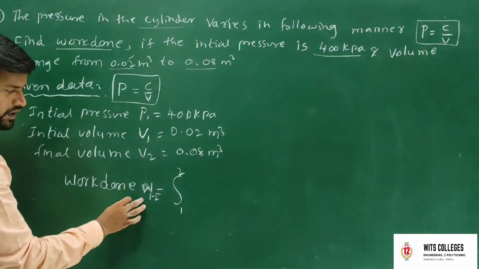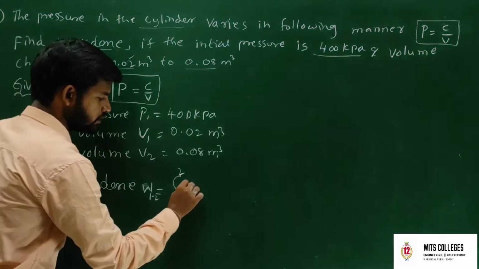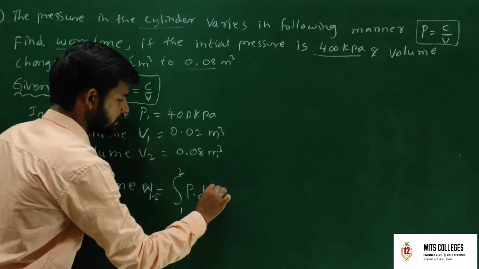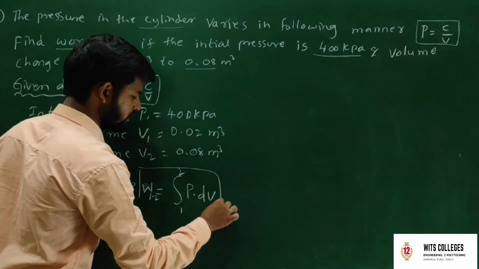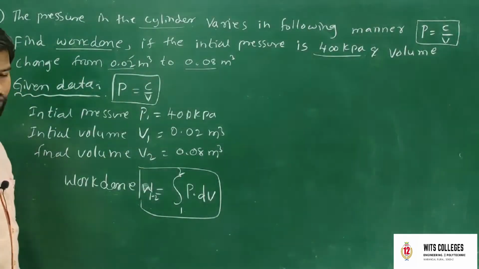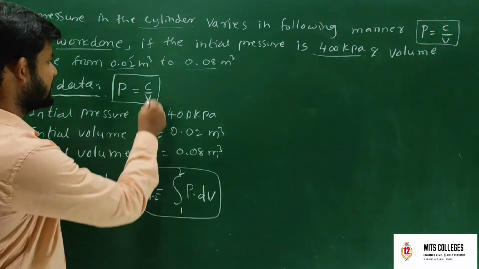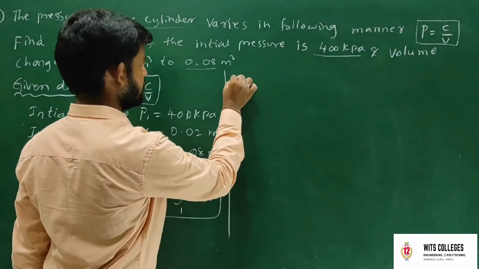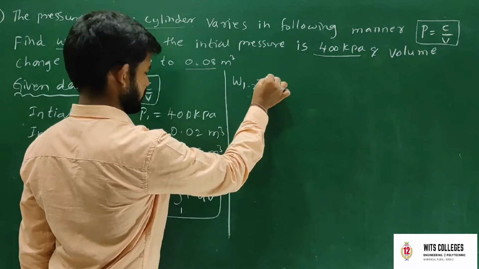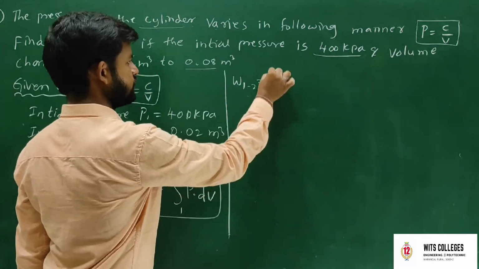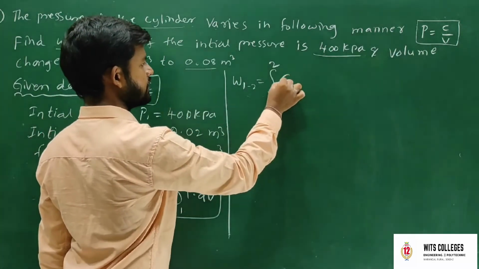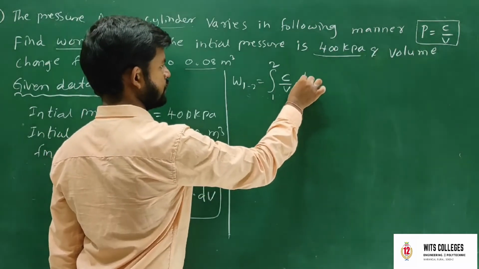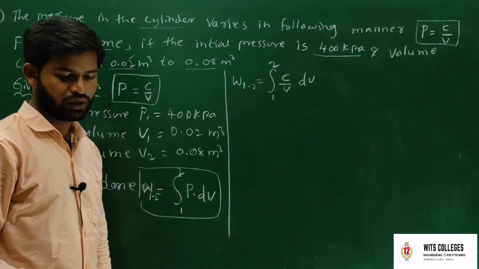Then the work done W1-2 is the integration from 1 to 2 of P dV. Here P is given as C by V, so W1-2 is the integration from 1 to 2 of C/V dV.